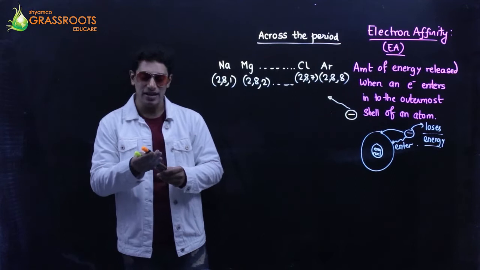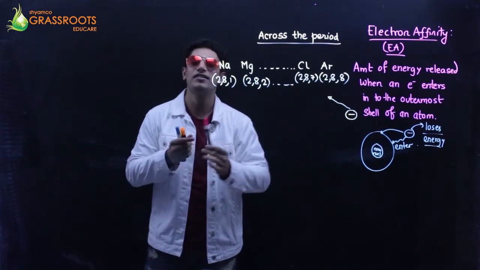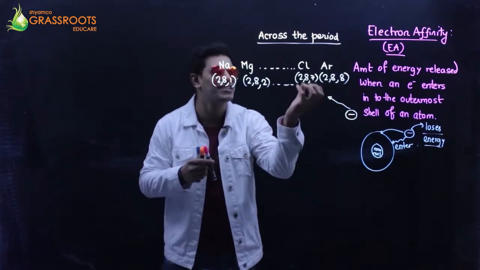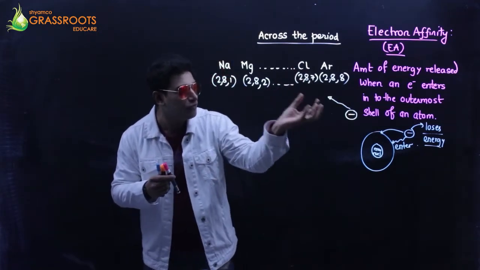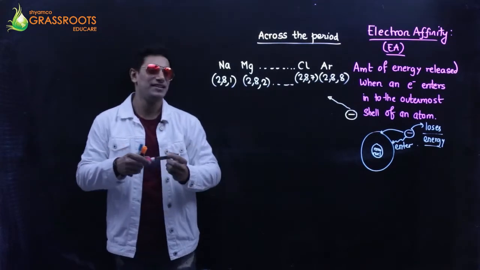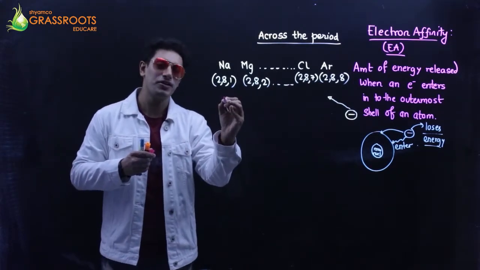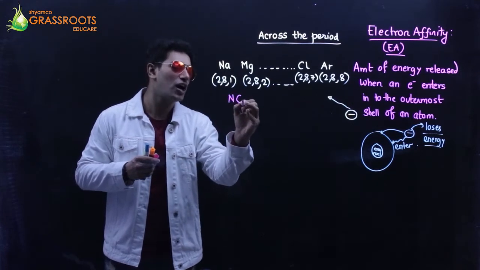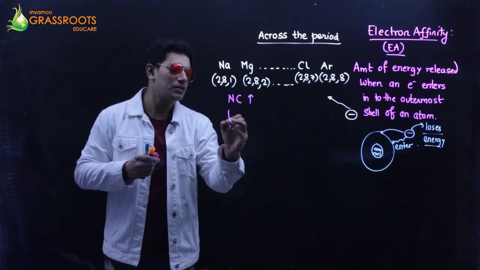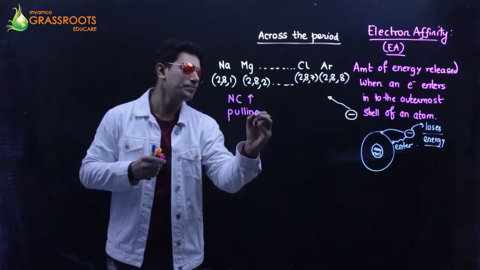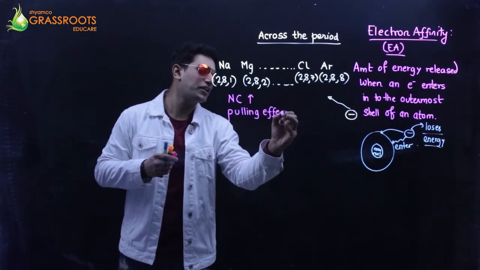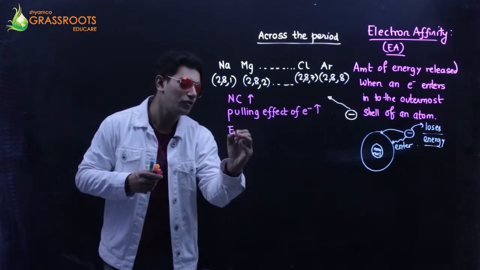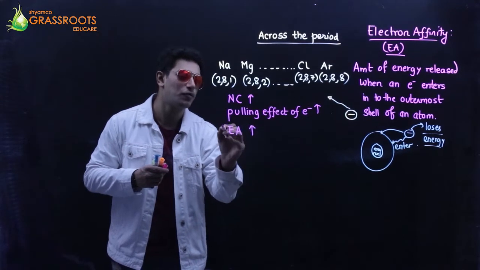So I can say as we go from left to right, the electron affinity increases because the nuclear charge has increased. The pulling effect of electron increases. So across the period from left to right, nuclear charge increases, the pulling effect of electrons increases, and therefore electron affinity increases from left to right.